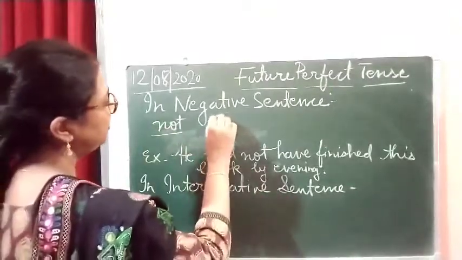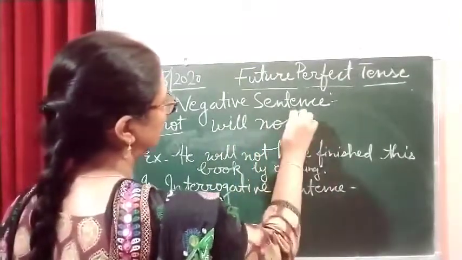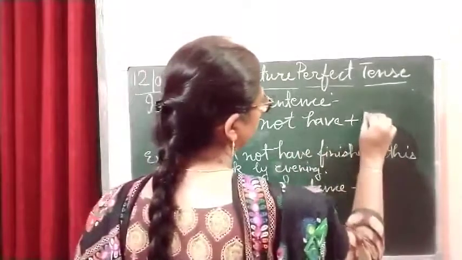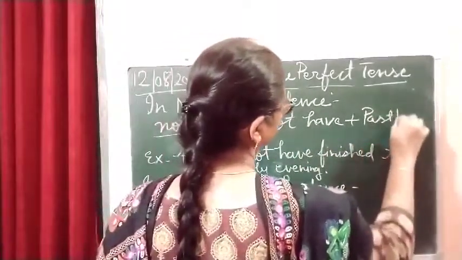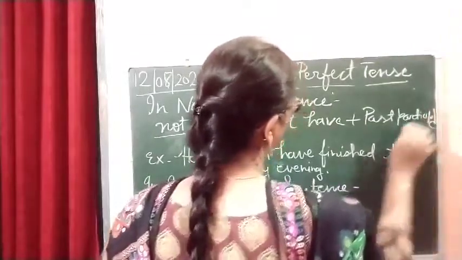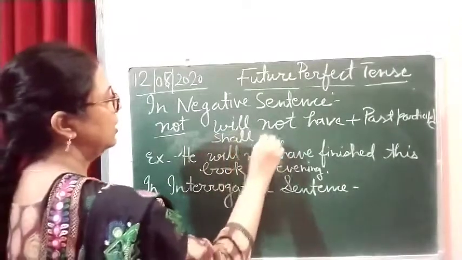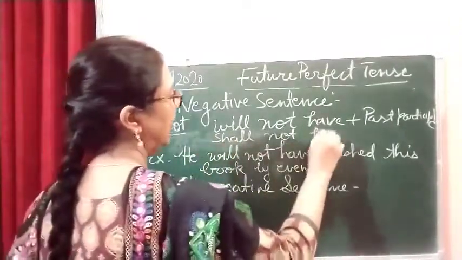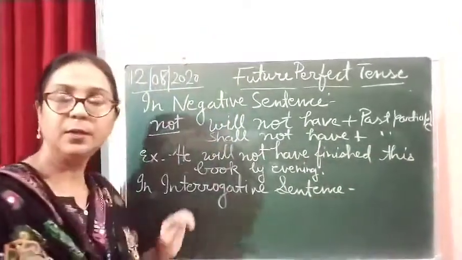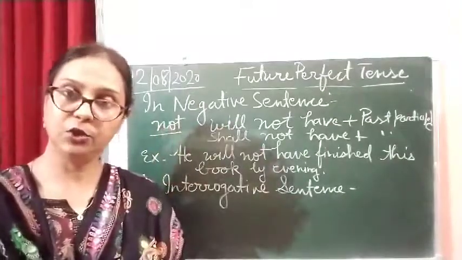So it is written will not have, and then the past participle. This we always remember: will not have or shall not have plus past participle. This is the form to make a negative sentence in future perfect tense.